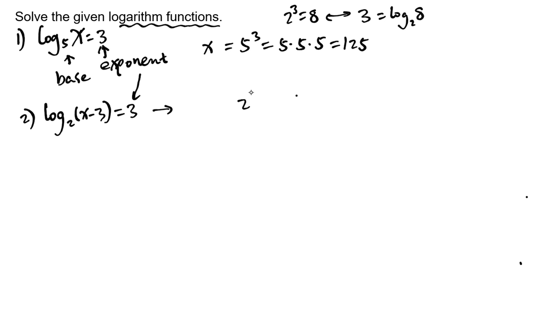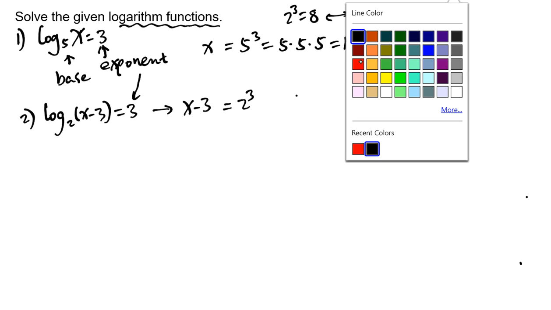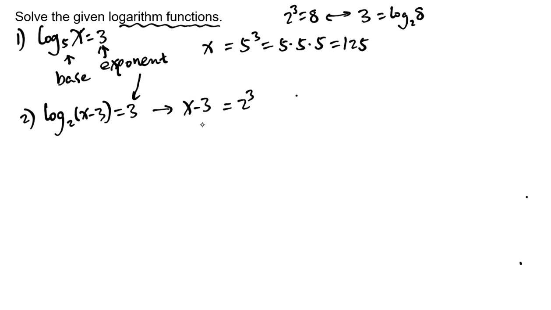Okay, so you then have 2 cubed is x minus 3. And then add 3 to both sides. What we get will be x equals 8 plus 3, which is 11. Okay, so that will be the answer.